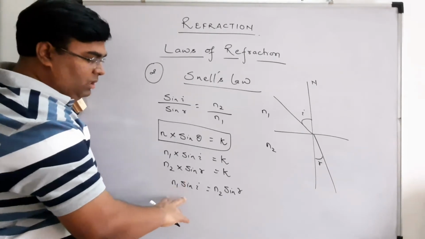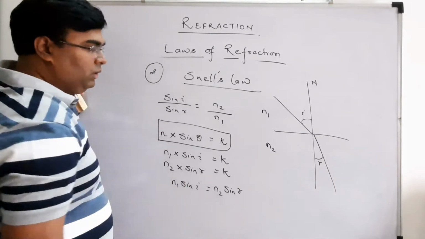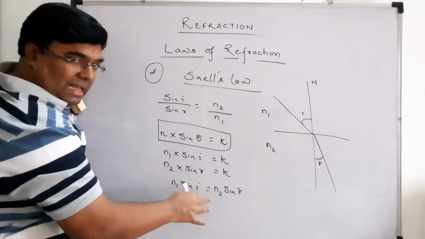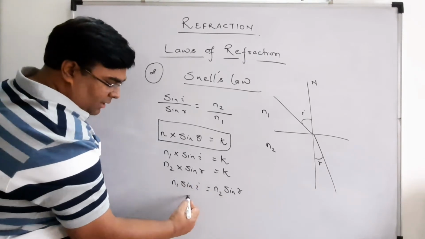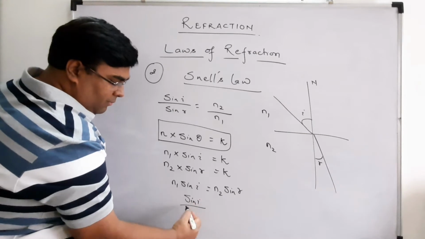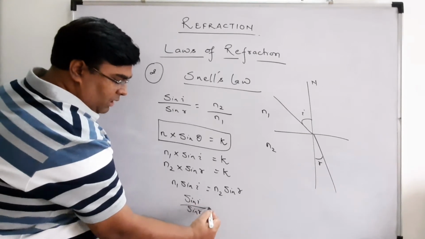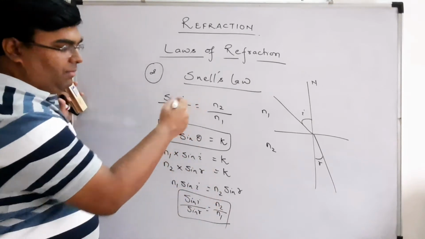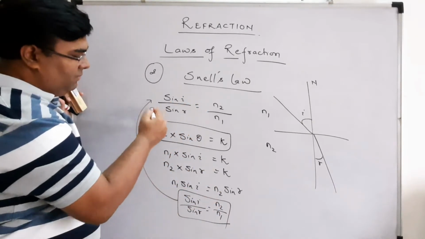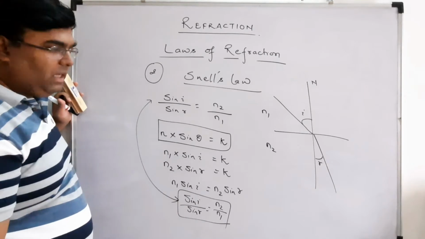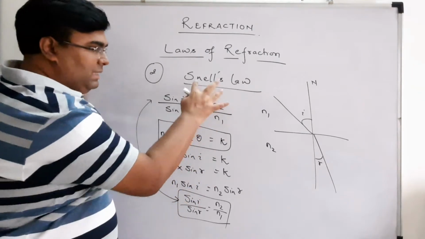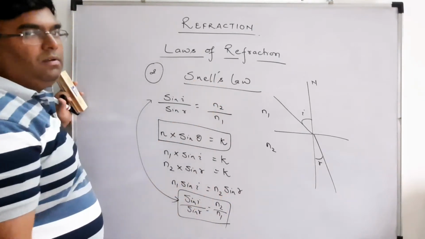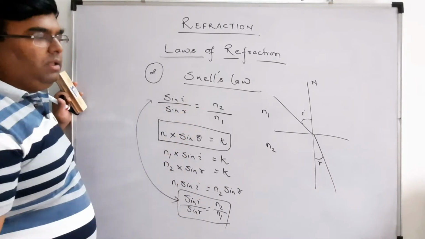N1 sin I is equal to N2 sin R. And if you just rearrange the things, sin I by sin R will come as N2 by N1. Correct? So I prefer to write Snell's law in this form. You can do it in this form also.